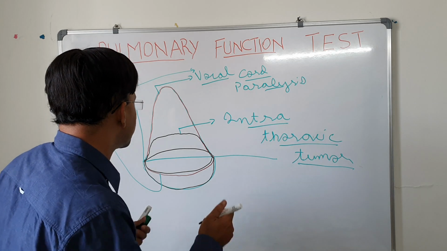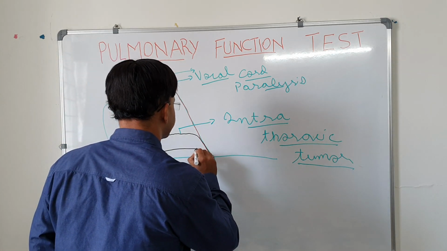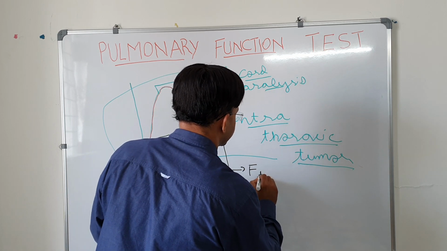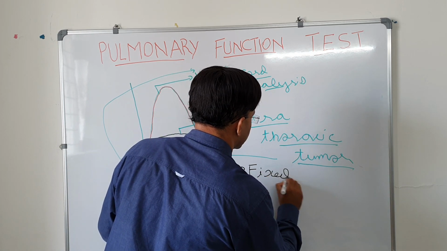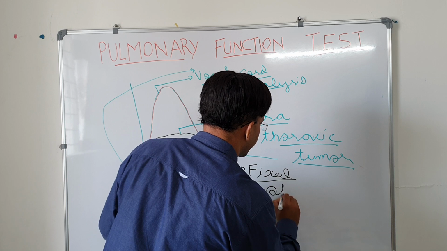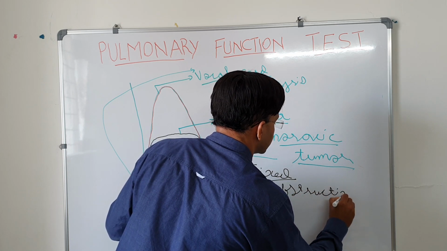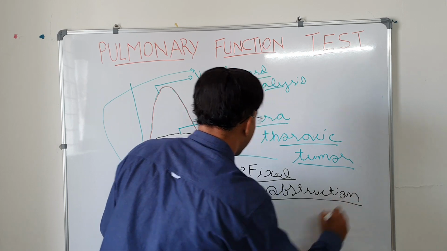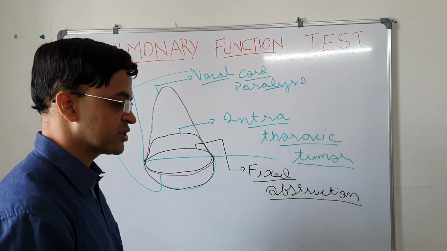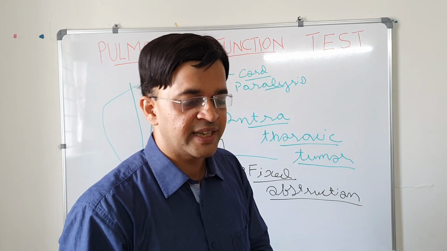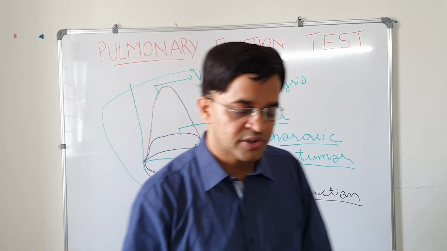So in this case, this is fixed obstruction. In fixed obstruction, we will get blunting of both inspiration and expiration. This is the most important thing to understand in pulmonary function tests.